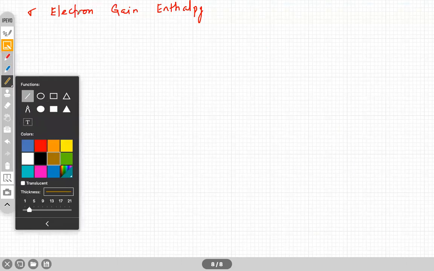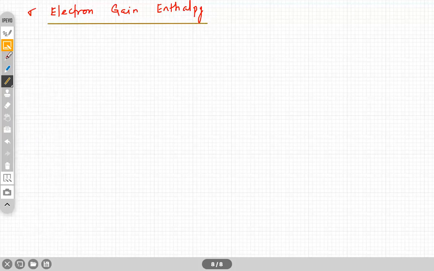Electron gain enthalpy is represented by delta Eg H, negative. This is electron gain enthalpy. Okay, write down this.